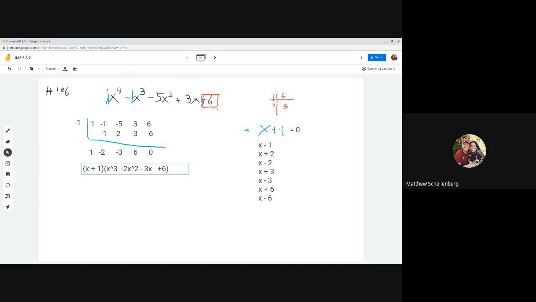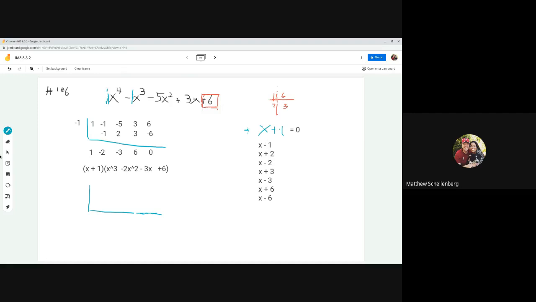If I hadn't picked one that worked, let's say you think, maybe we can divide by -1 instead. And so if I have my synthetic division again, we can try another number.